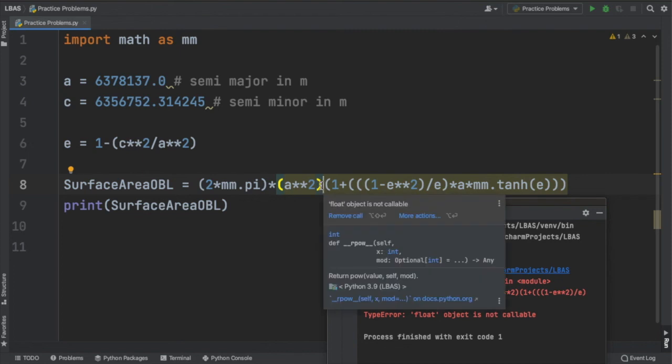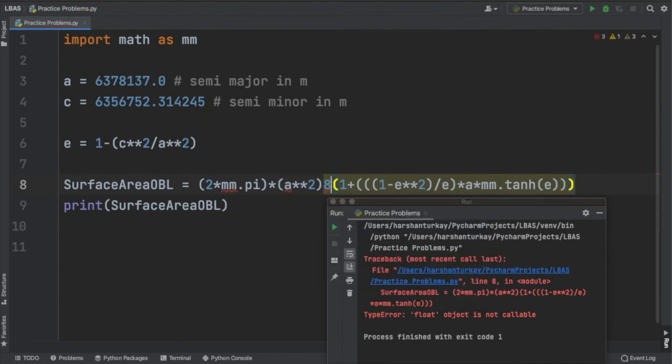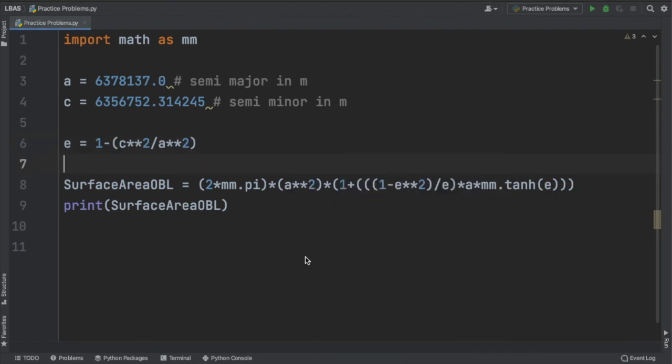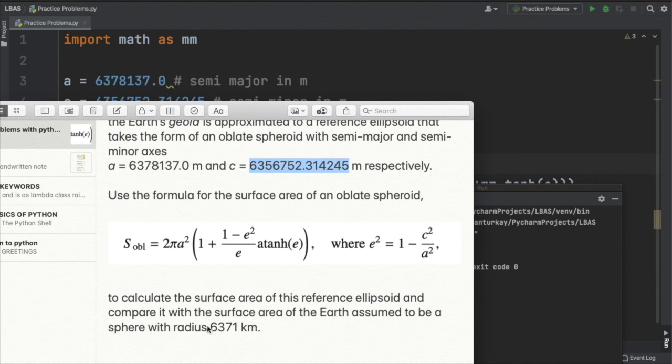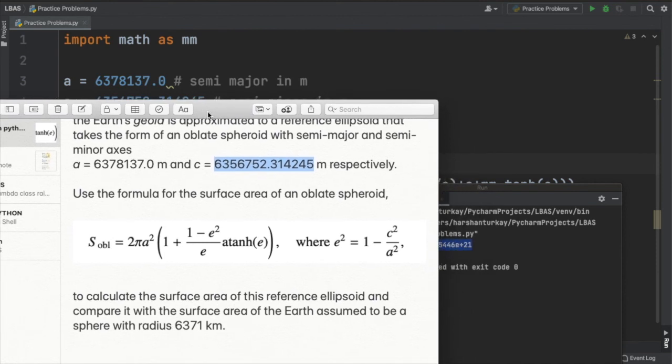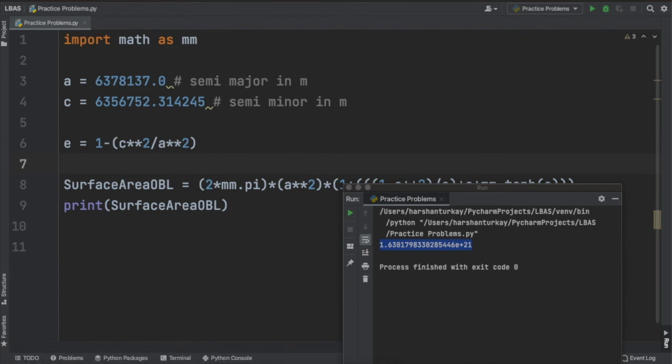What I haven't done is put a multiplication sign, and Python doesn't know that they're being multiplied. For us, it's natural to understand that they're being multiplied, but for Python, this isn't natural. We were supposed to be defining what happens between those two separate parentheses. Now let's try and run the same code. There you go. That's what we get. I'm going to leave this end part for you to compare. So yeah, that's it for now, I guess.